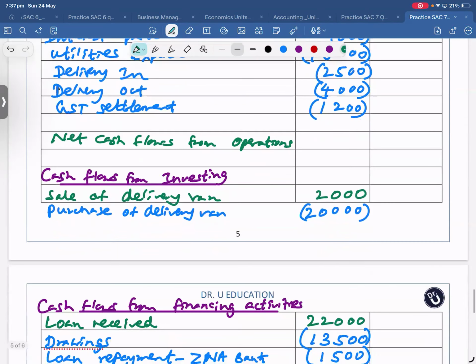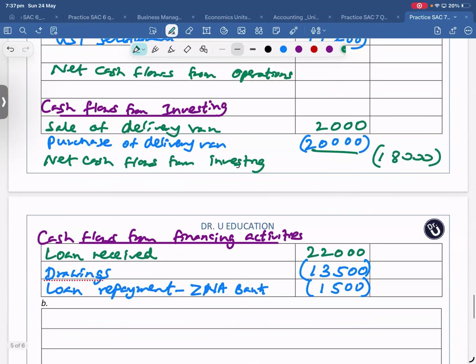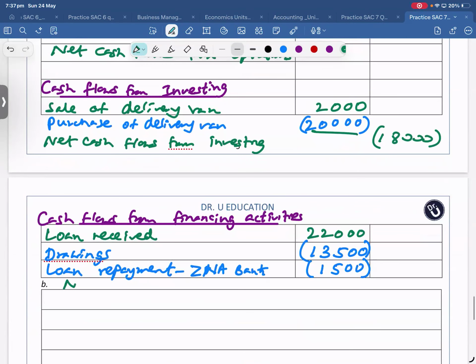And then you have net cash flows from investing, 18,000 negative. And then next one is net cash flows from financing, 7,000 positive.